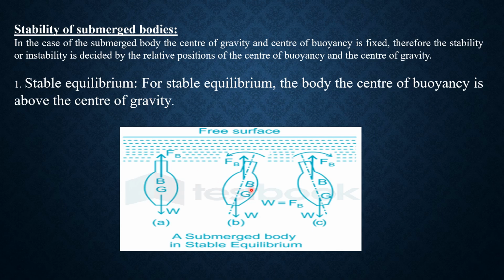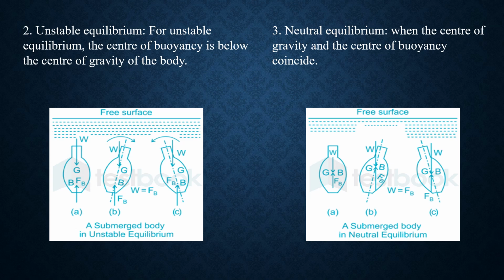For unstable equilibrium, the center of buoyancy is below the center of gravity. In neutral, the center of buoyancy coincides with the center of gravity. So these are the three conditions related to the stability of submerged bodies.